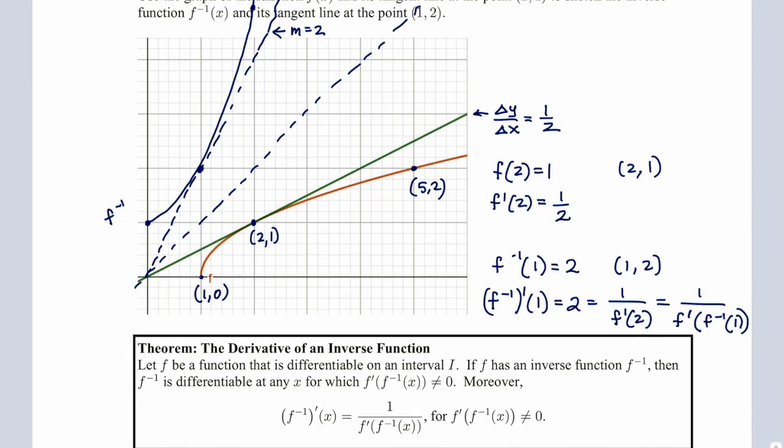So if I know the original function slope at the point that would correspond to the point where we want to have the derivative of the inverse, we'll just take the reciprocal of that original function derivative. Right? And that's exactly what this theorem is trying to say. The notation makes it look complicated, but it's just saying if you know the derivative of a function at a point, then you can find the derivative of the inverse at that point with the x and y swapped by just taking the reciprocal of the derivative that you know.